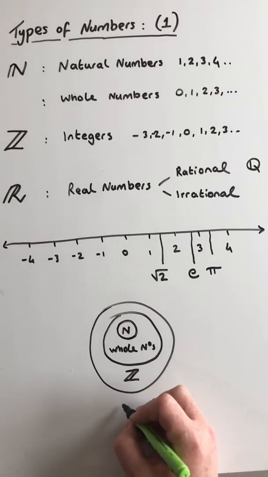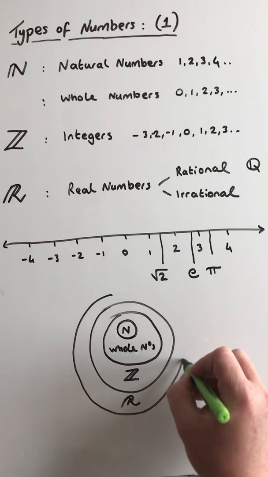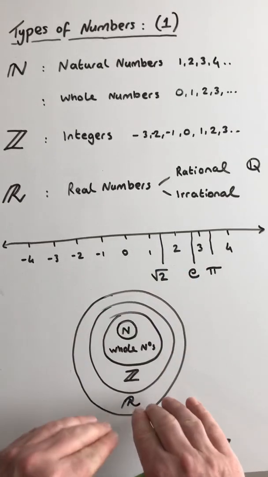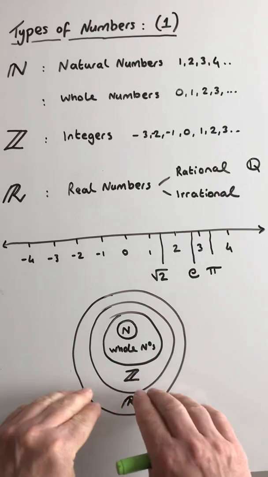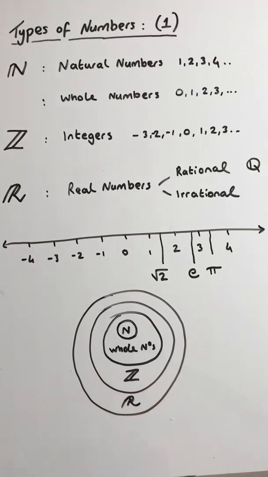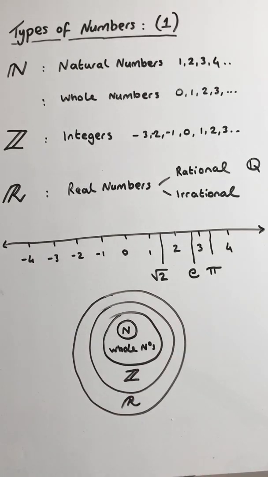And also our real numbers. Put a ring round that. So the real numbers include all of these, the integers, whole numbers and the natural numbers. The integers only include the whole numbers and the natural numbers, and the whole numbers include the natural numbers.